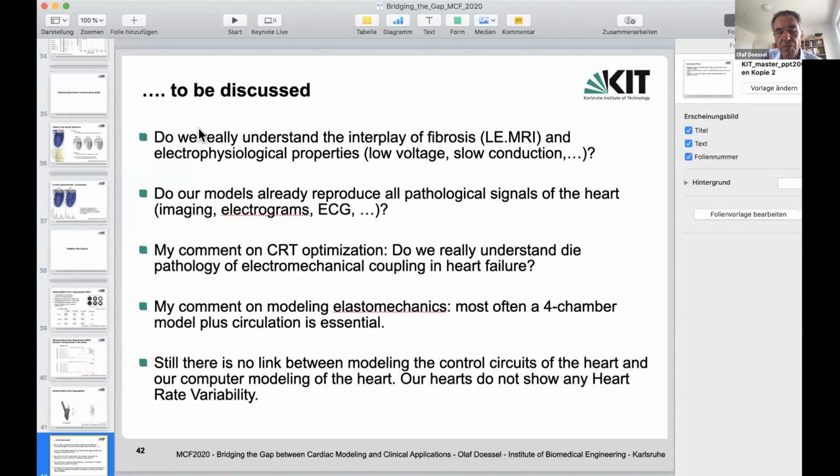The heart rate variability can only be measured if you take at least 100 heartbeats in a row. And our computer models need a lot of time to make 100 heartbeats in a row. So we would have to have other means to take this into account, and I don't know yet how we could do that.